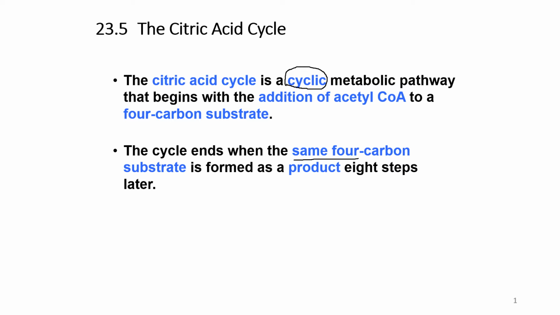And that sparking compound is a 4-carbon substrate, and it is recycled in the 8 steps that encompass the citric acid cycle. You might have heard the citric acid cycle also called the tricarboxylic acid cycle or the Krebs cycle. Hans Krebs is responsible for elucidating this pathway, thus the name Krebs cycle.